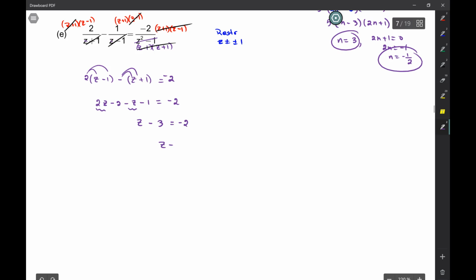So how much is z? 1. But z can't be 1. So what's up with that? No solution. Right. So we got z equals 1, but it can't equal 1, and we don't have any other choice. So it's no solution. Oh, so that's... Yep.